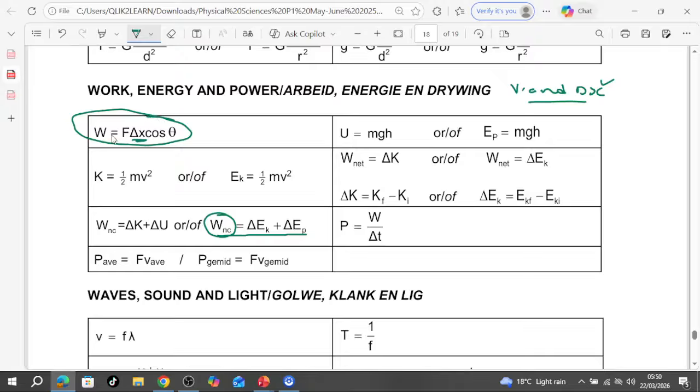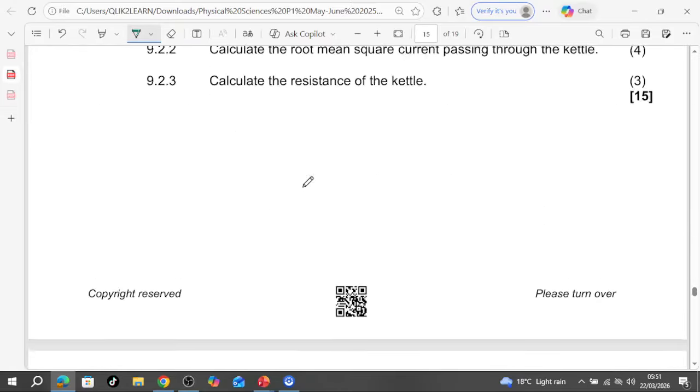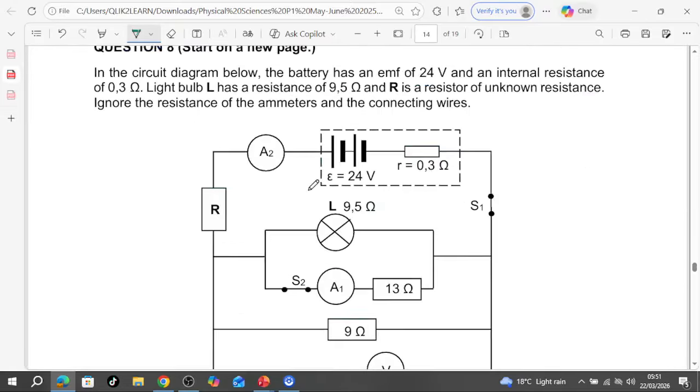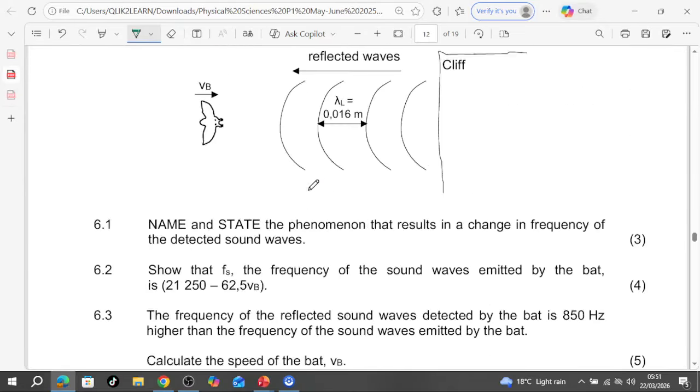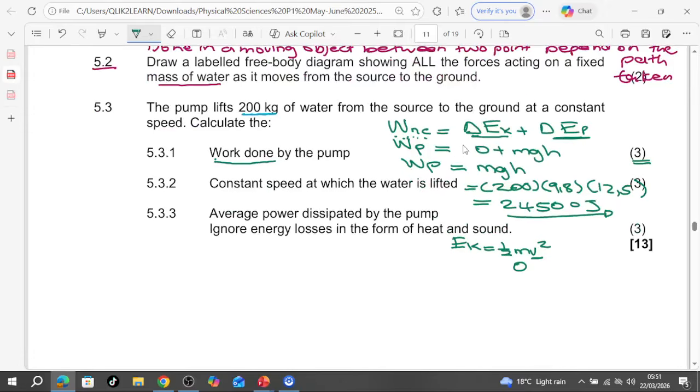Which force is doing the work? It is the pump, because it's moving the water. So the work is equal to F delta X cos theta. Let's see if we use that formula, are we going to get the same answer?